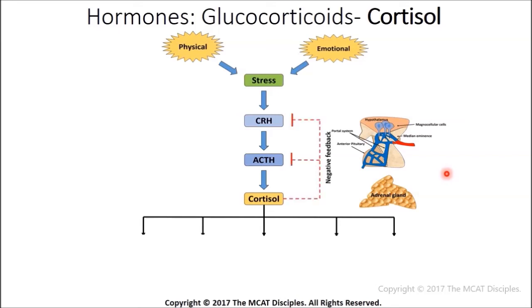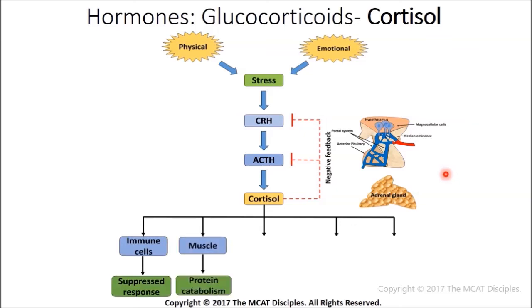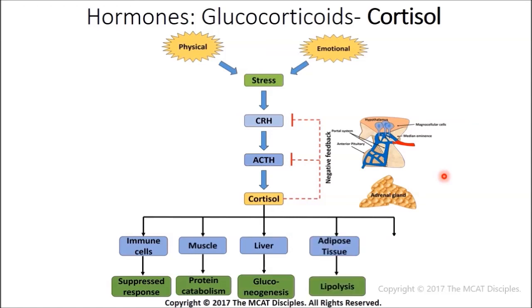It's a gluconeogenic hormone, and it's directed at suppressing the response of immune cells, muscle protein catabolism to contribute to gluconeogenesis, liver gluconeogenesis, adipose tissue lipolysis to contribute ATP to run gluconeogenesis, and increasing appetite at the hypothalamus to start eating, stress eating, if you would. It's a gluconeogenic hormone, guys.